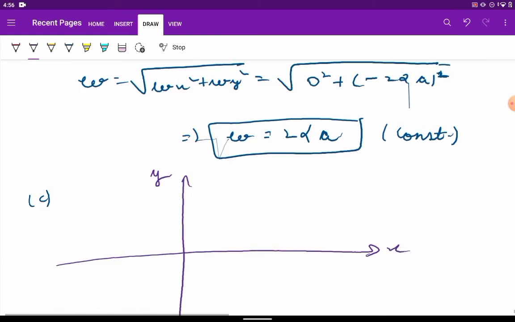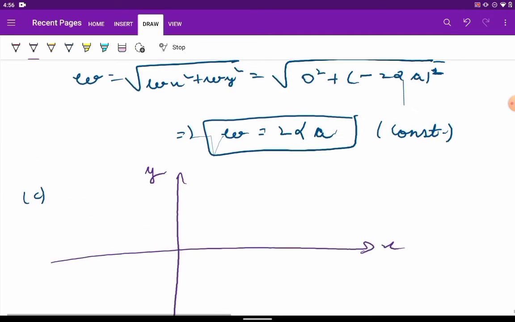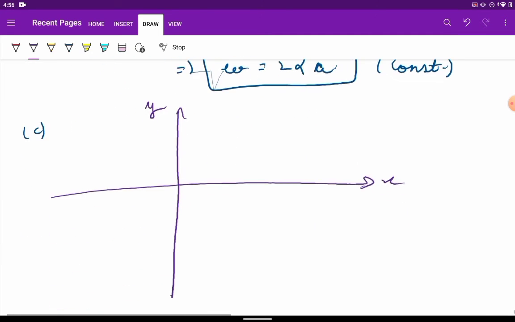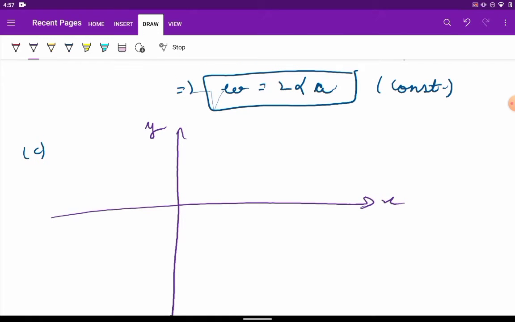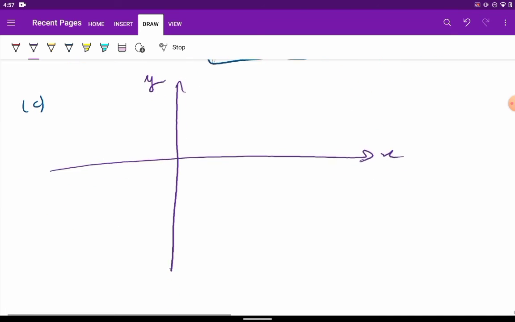For w, we already know it lies along the y-axis, with a negative component of minus 2 alpha a, and in the x-axis the component is 0.